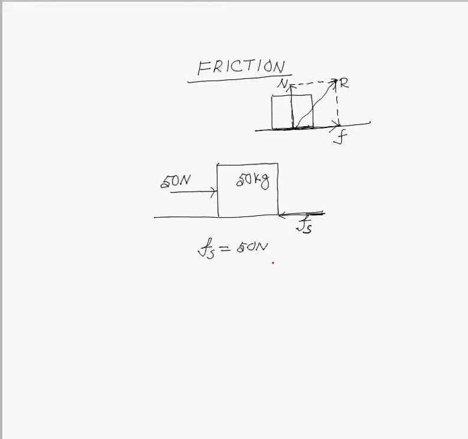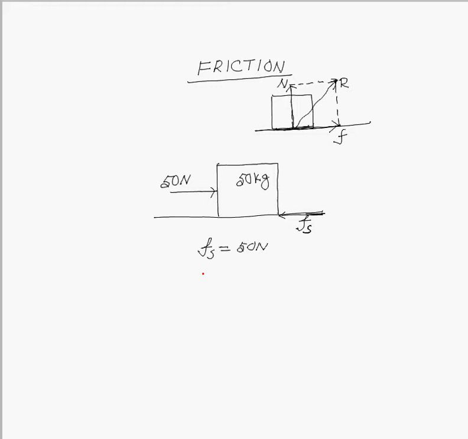If we go on increasing the applied force, the force of static friction also increases till a limiting value of the applied force when the box is on the verge of slipping.